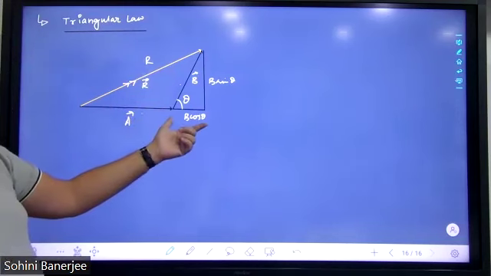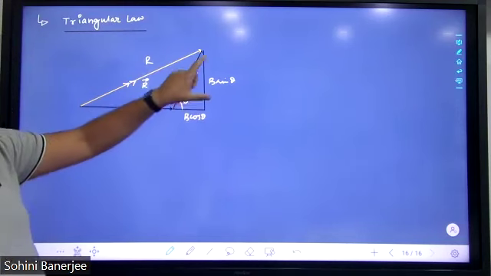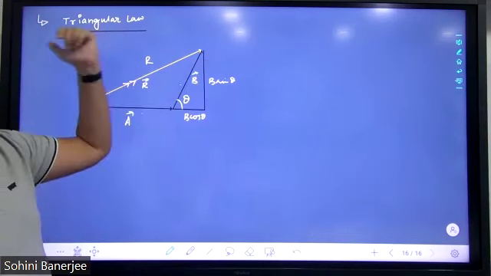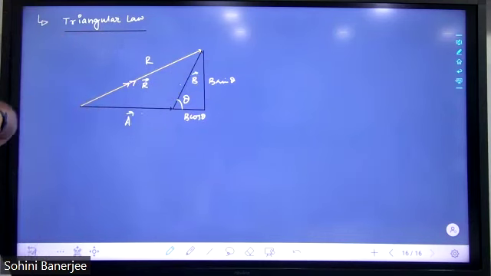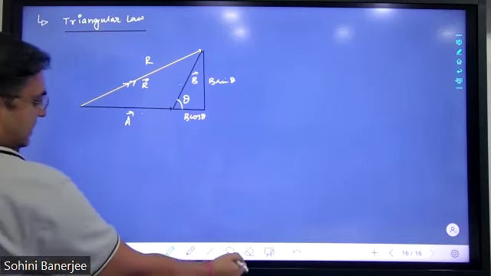A plus B cos theta whole square plus B sin theta square, same thing. Clear? So we are actually going to do the same thing.